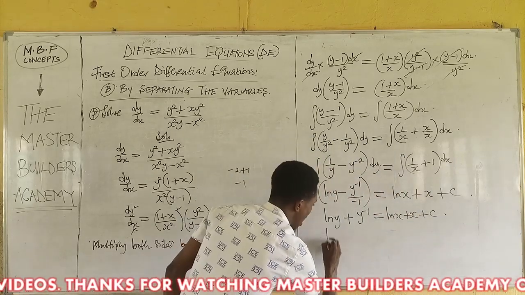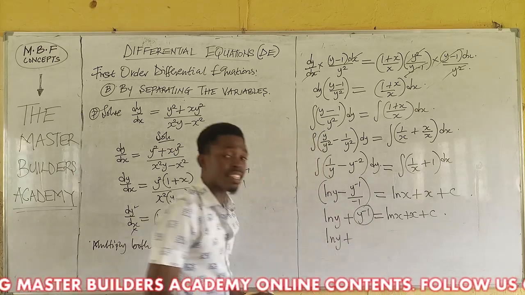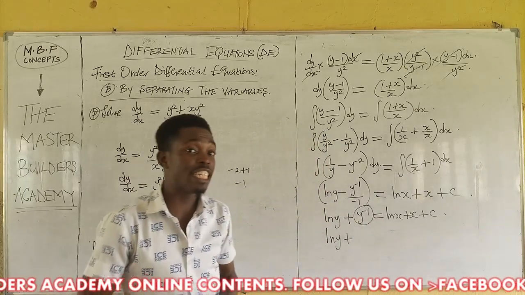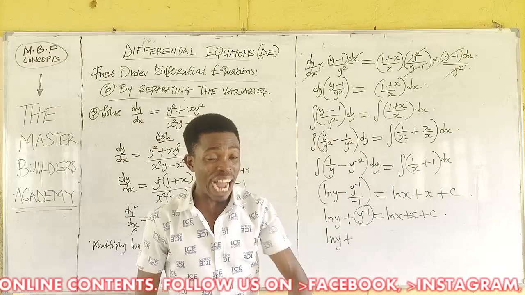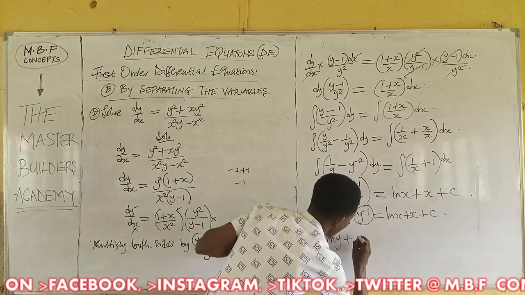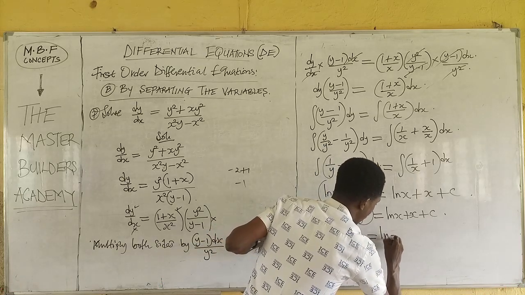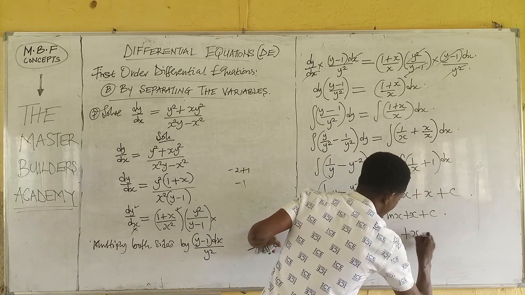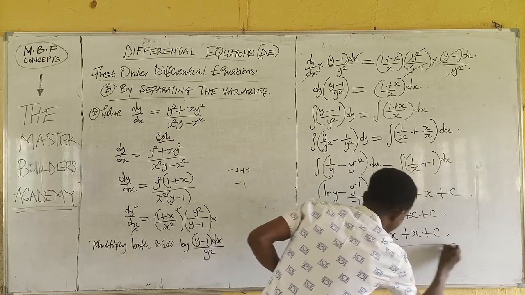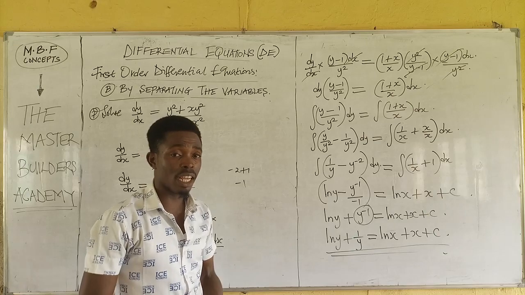Finally, guys, I'm going to have ln y. Now, understand that you cannot leave your answer having a negative power. So you need to also convert it back to fraction. Then we are going to have 1 over y is equal to ln x plus c. This is the answer to this very question.